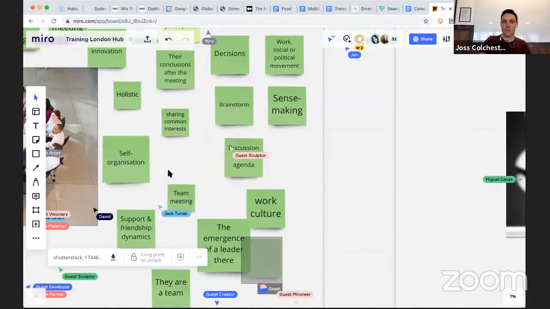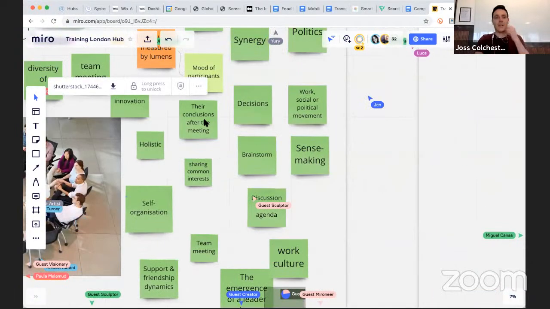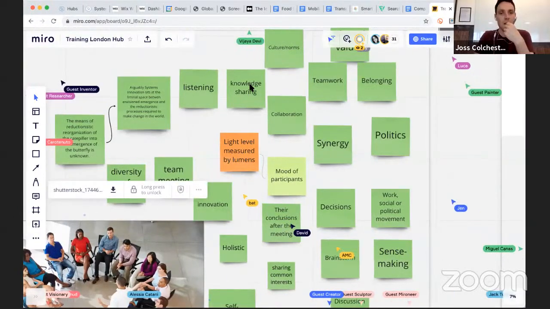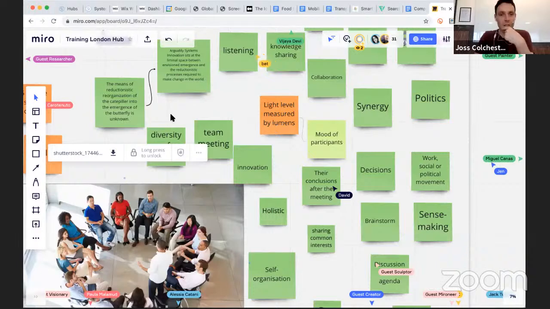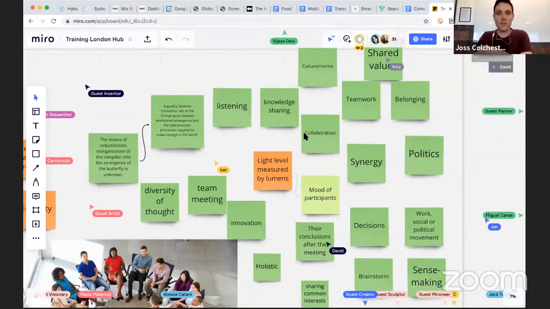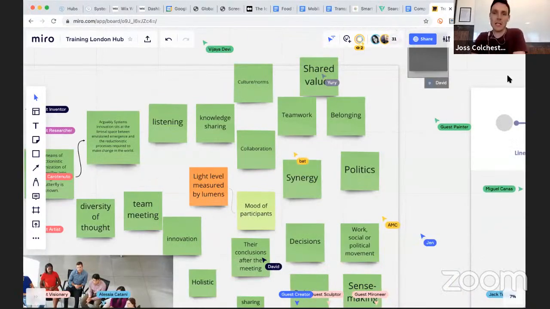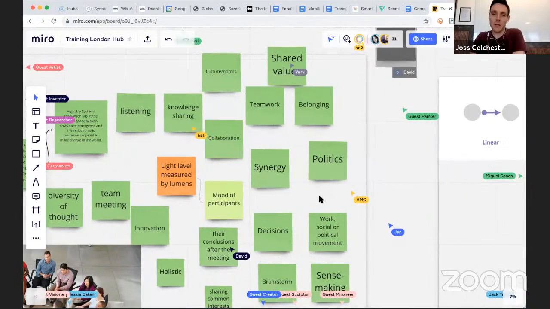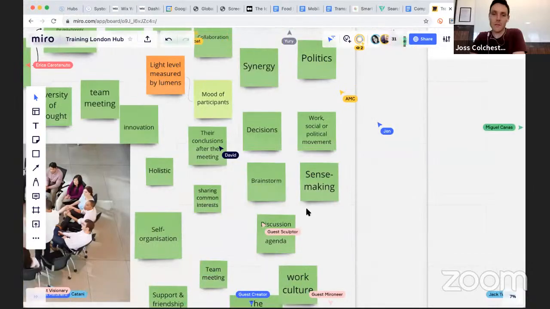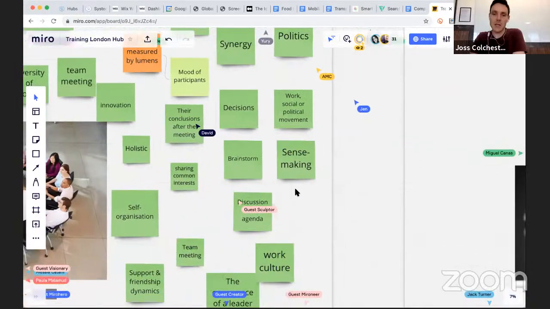So self-organization, their conclusions after the meeting, okay, mood of participants, collaboration, knowledge sharing, listening, diversity of thought, culture, norms, collaboration, teamwork, belonging, politics, synergies, okay, decisions, brainstorming, sense making.